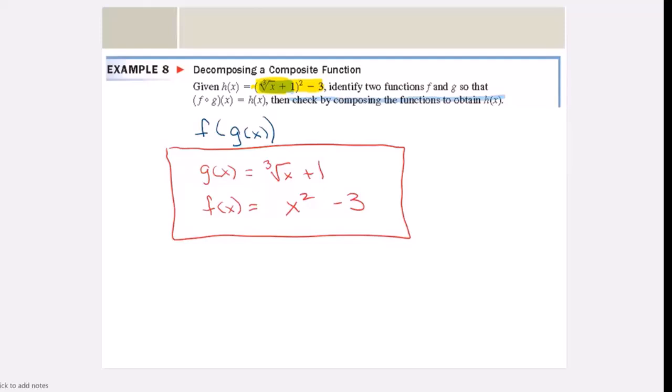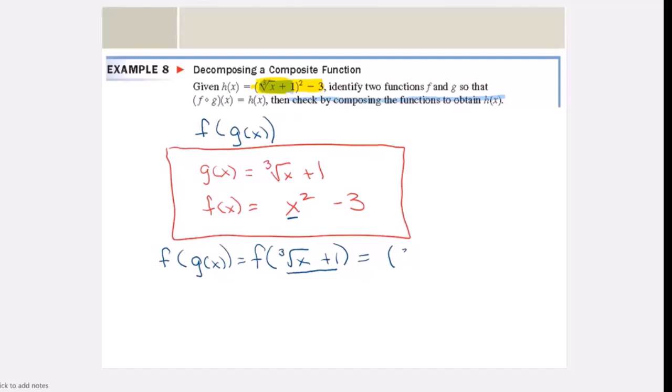So let's do it. I have f of g of x, which is the cube root of x plus 1. Now I'm going to plug that in, so this right here, into my f function everywhere there's an x.